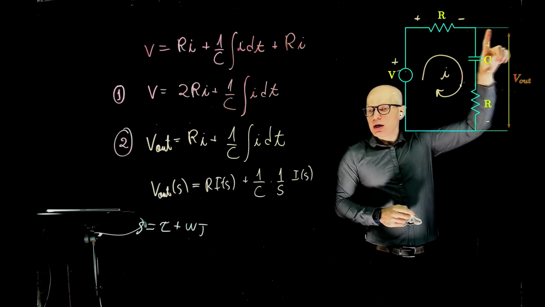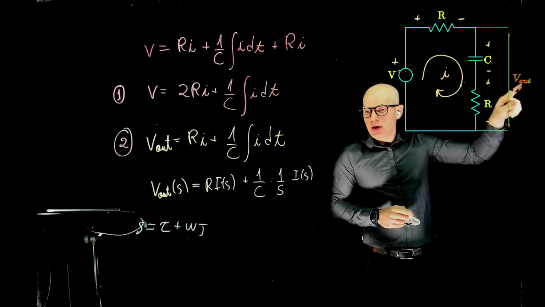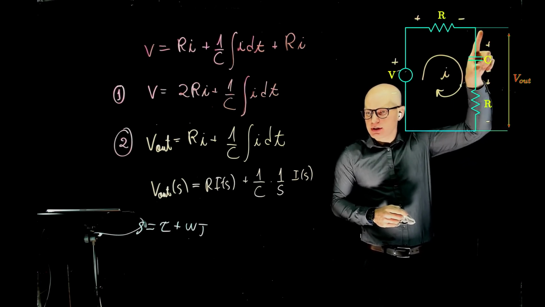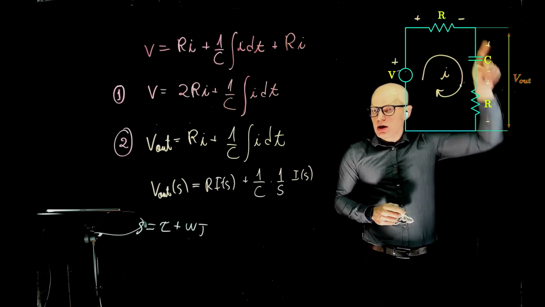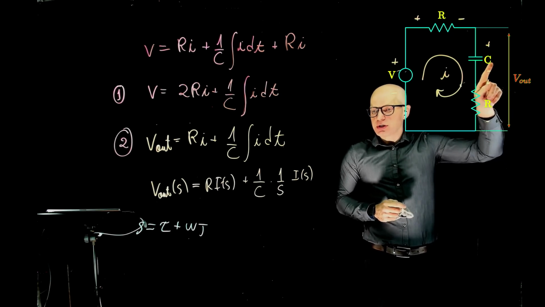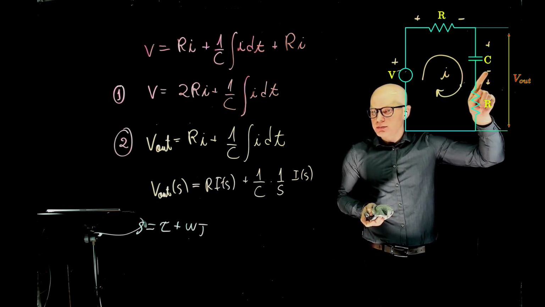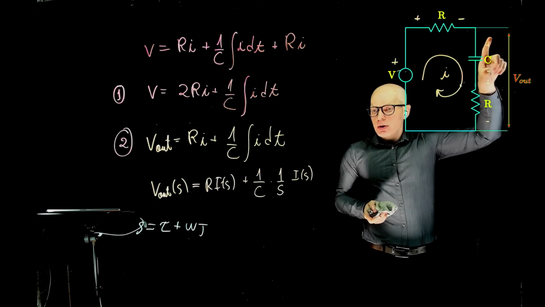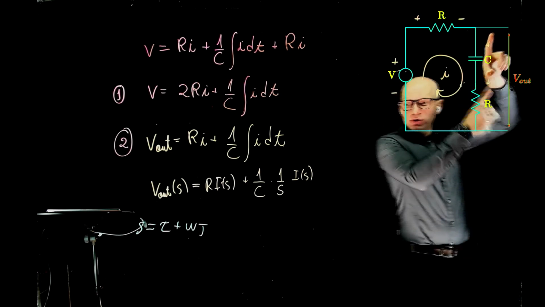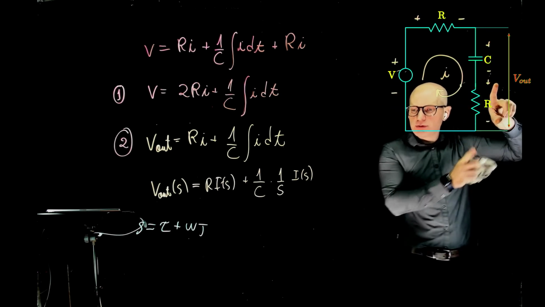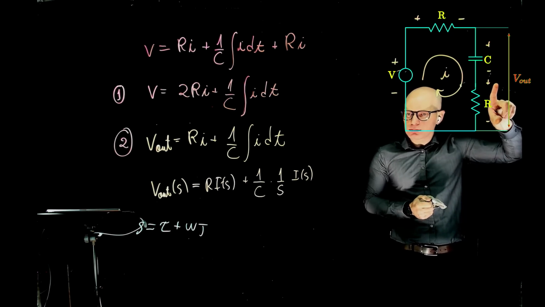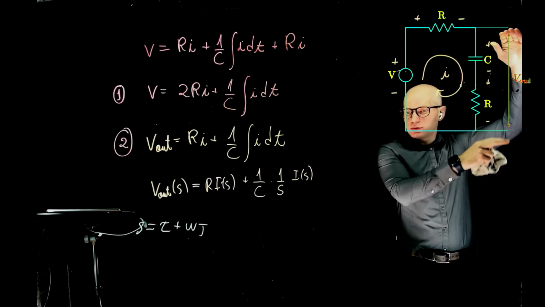If we were looking at the voltage drop, for example, if we had defined V out over C, then V out would simply be 1 over C integral of I dt. But we define V out as the voltage drop across C plus the voltage drop across R. It's this entire voltage drop here.